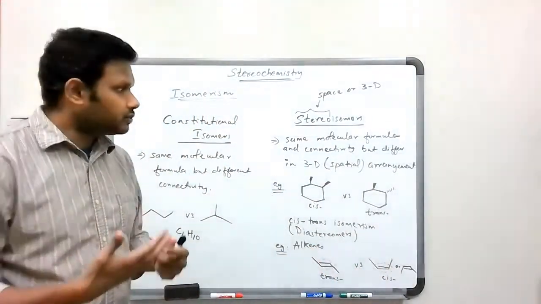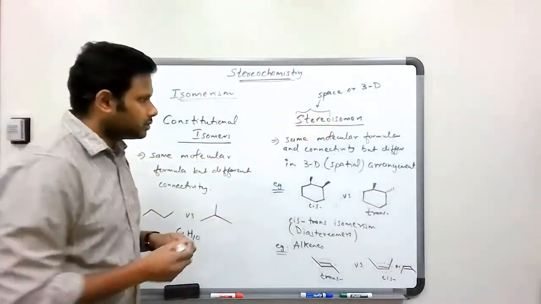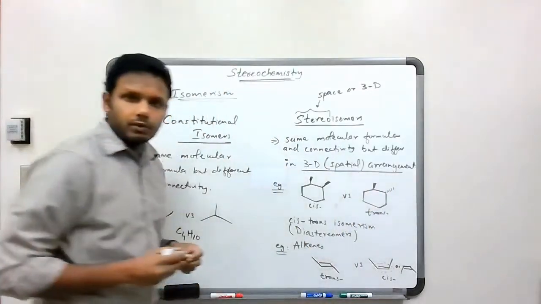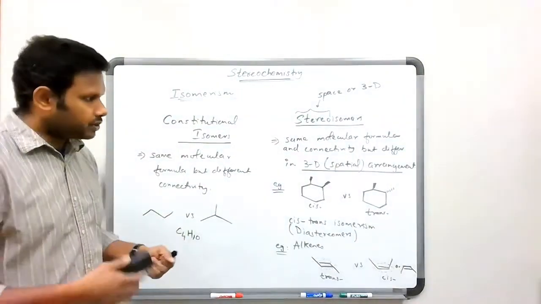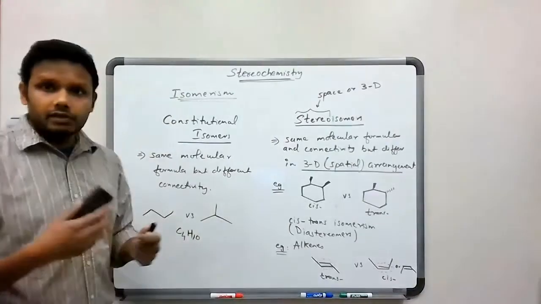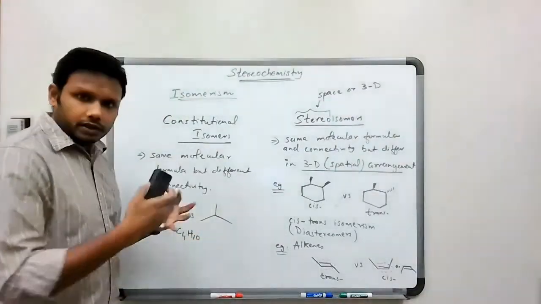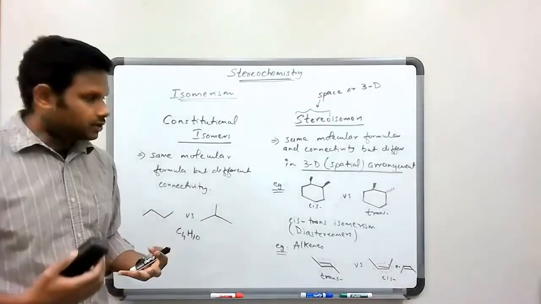That gives rise to stereoisomerism. So the key about stereoisomerism is that the only difference is this 3-dimensional arrangement. Those are stereoisomers, and we're going to look at various categories of stereoisomers as we go through this set of lectures.